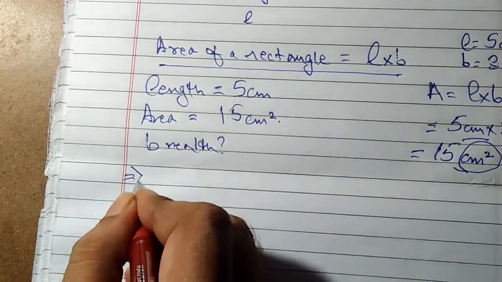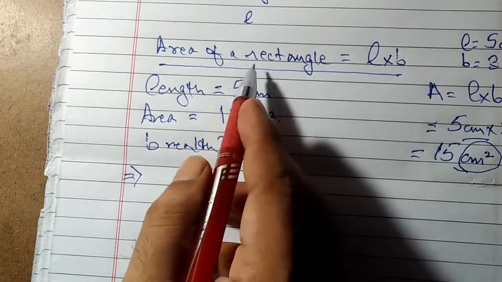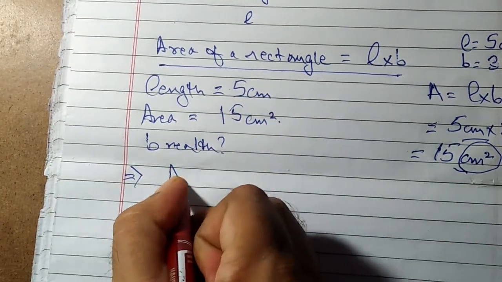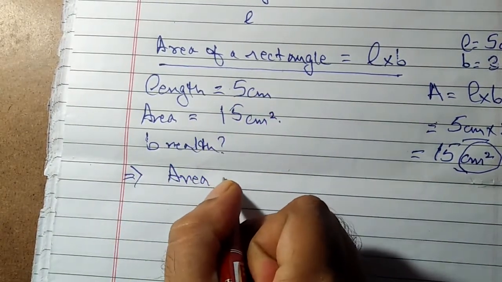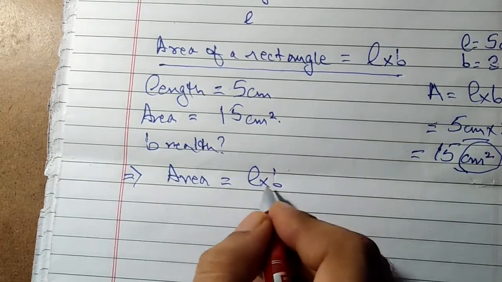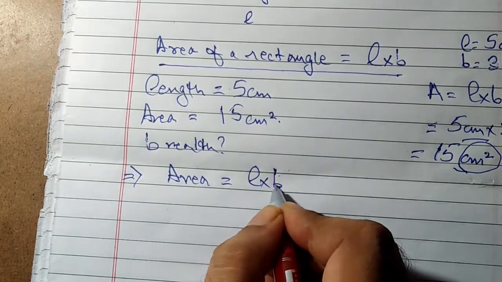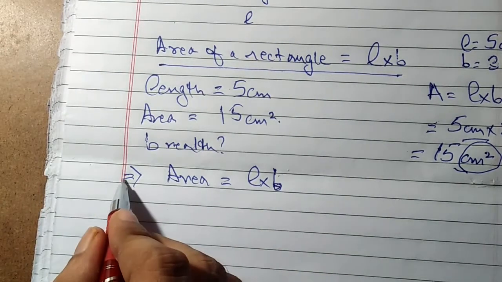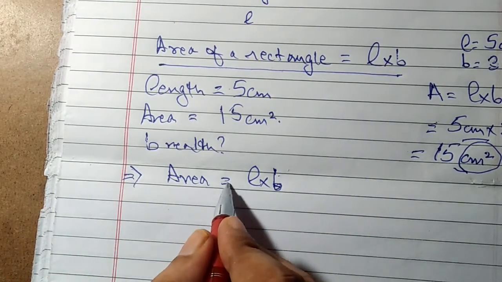We will go back to the same formula that we just learned. Area is equal to length into breadth. Now one very important thing to keep in mind is you use the imply sign because you are using an equality sign here.